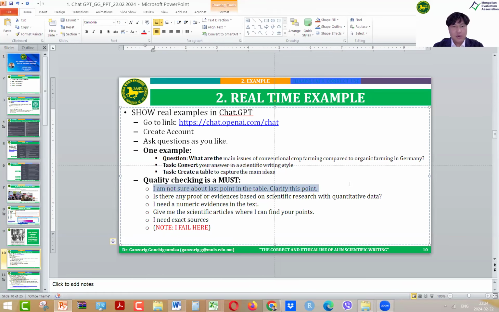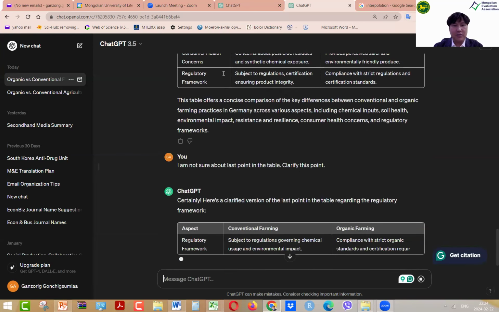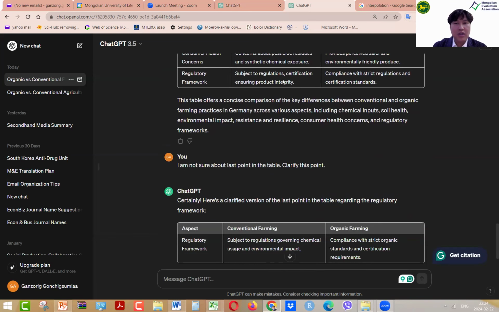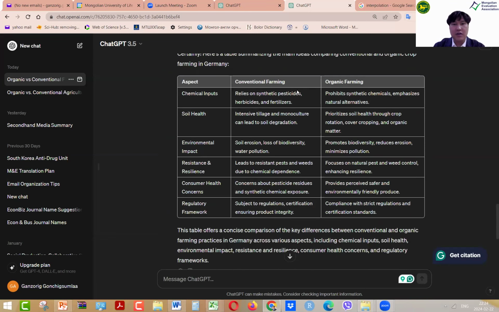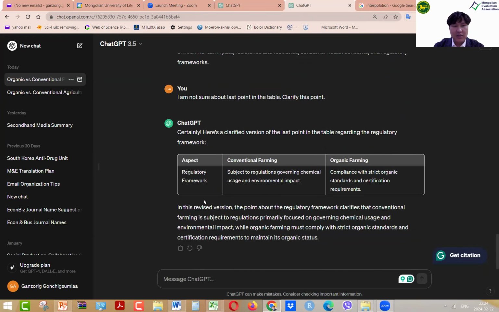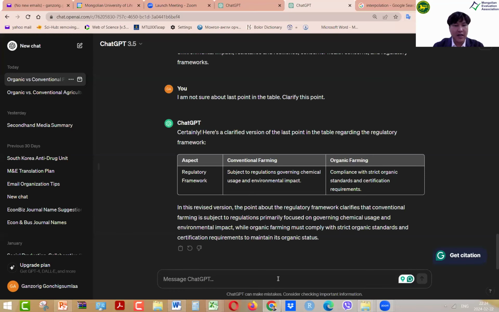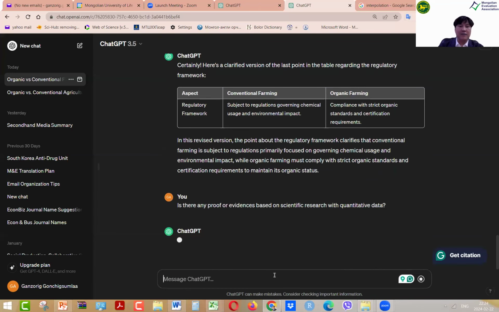So it's like this, and then quality checking is a must, so I can say, I'm not sure, but for the last point in the table, can you clarify? I'm asking ChatGPT to clarify the last point, which is regulatory framework. What is the difference between conventional and organic farming? So here it is explaining. I'm further asking the AI, is there any proof or evidence based on scientific research with quantitative data for what you're saying?